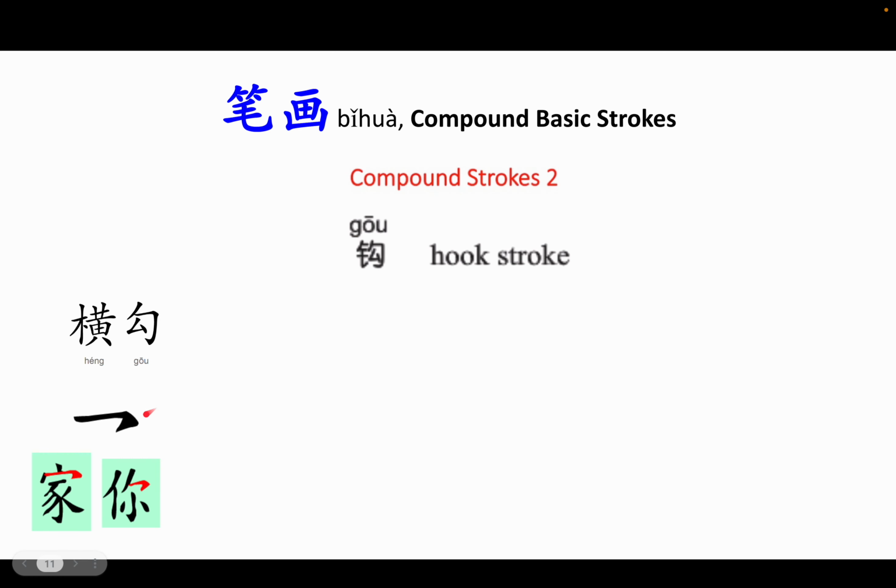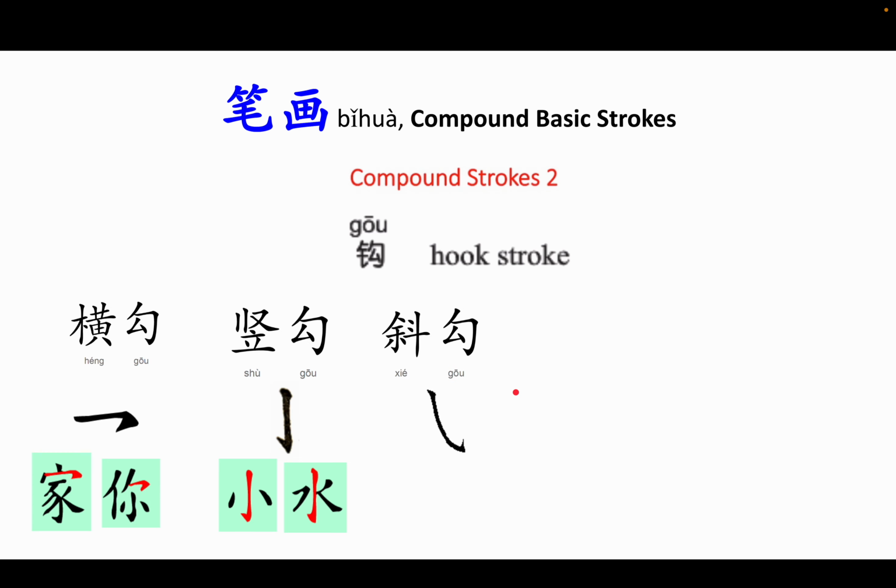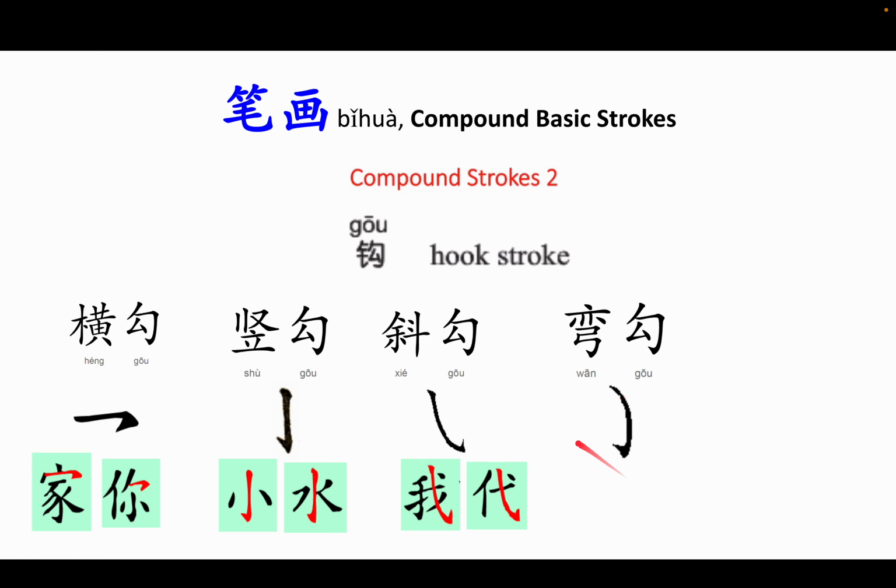We have 横钩 as in the character of family, the character of you. 竖钩 as in little or small and water. 斜钩, slant hook, in 我 I, and this character instead die. 弯钩 in the character of dog, and also here to take a guess, 猜.